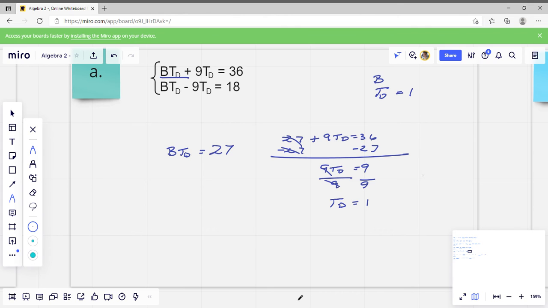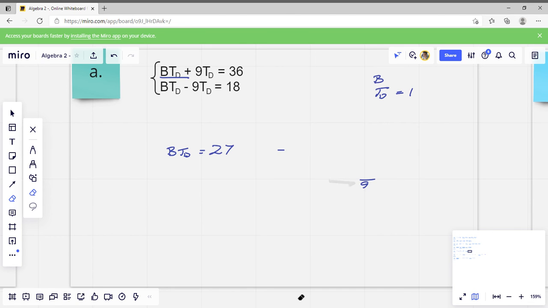Then we just sub that 1 back in to get the value for b. If we put that in here and said this was all 1, b times 1 is b. And right here, 9 times 1 is 9 equals 36.